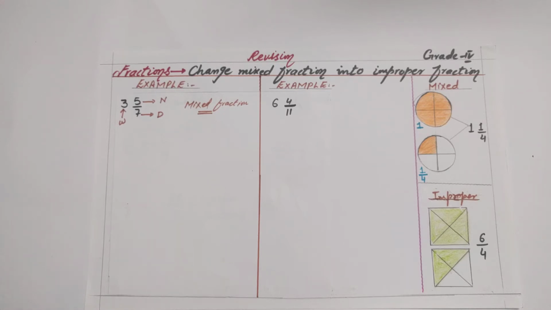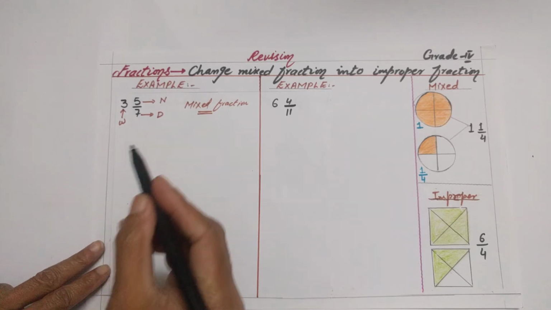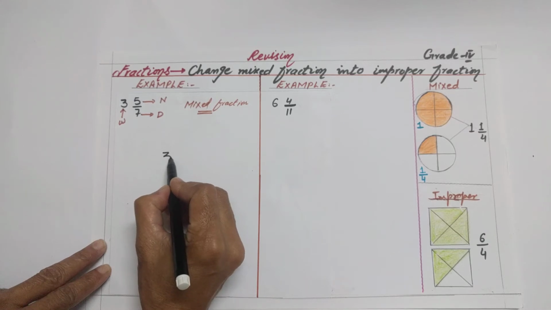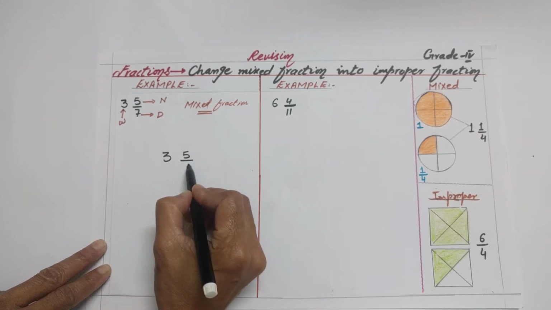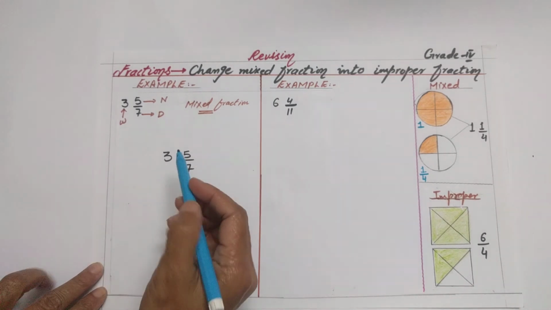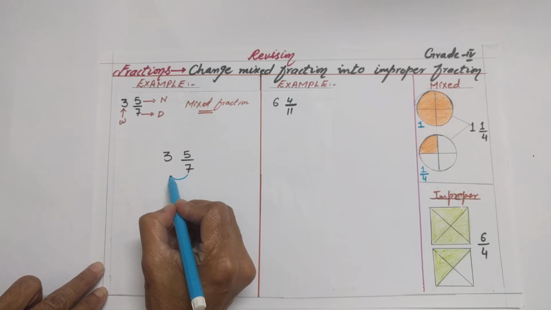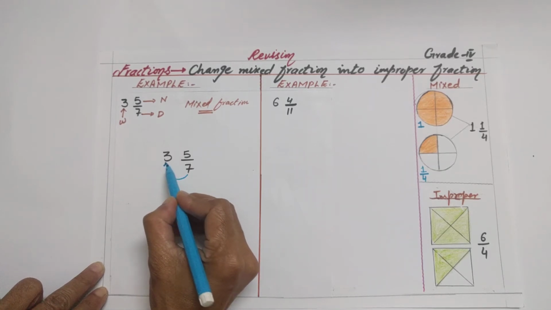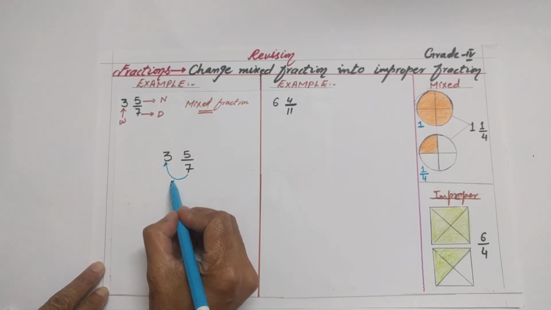Let's start how to convert it. Firstly, I will write the given fraction, that is 3 and 5 by 7. To convert this mixed fraction into an improper fraction, firstly we will multiply the denominator by the whole number.